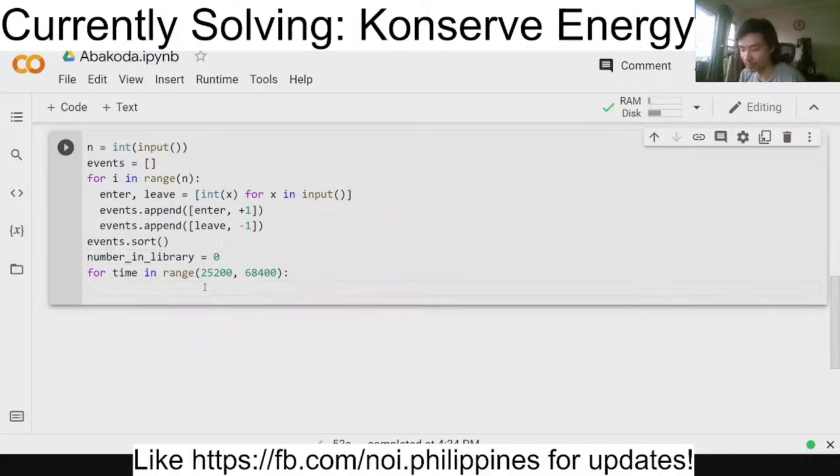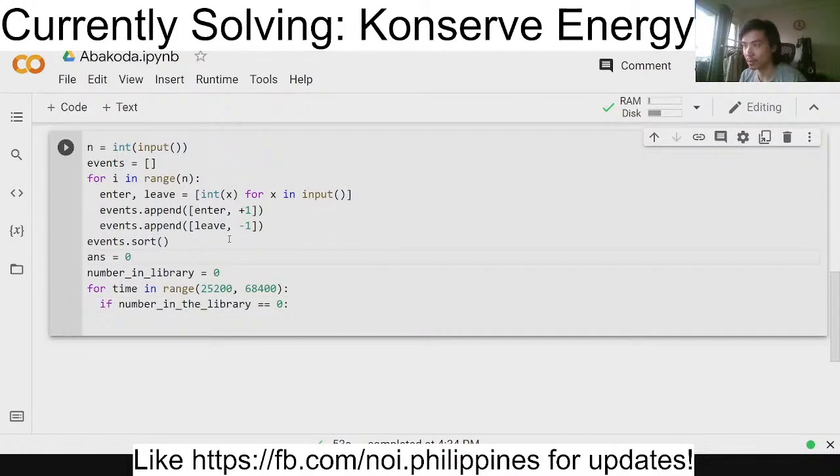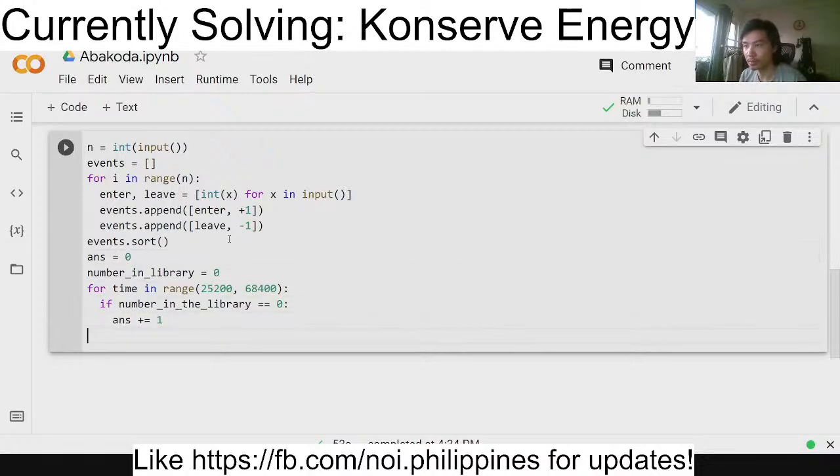So what do we do? If the number of people in the library is 0 at some time, then we know we have to increase the answer. What else? Well, what do we want to do here?